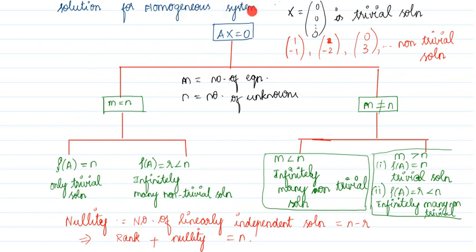So far we have seen solutions for non-homogeneous systems. Now we are seeing solutions for homogeneous systems. Here also we have similar conditions. Ax equal to 0, where m is the number of equations and n is the number of unknowns.